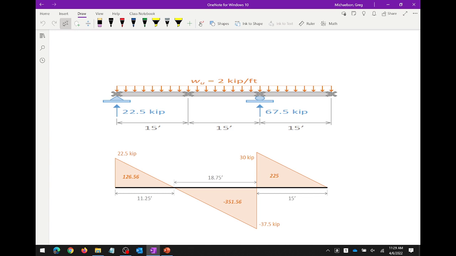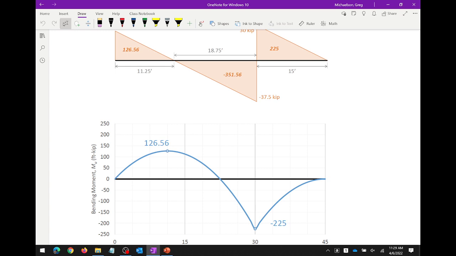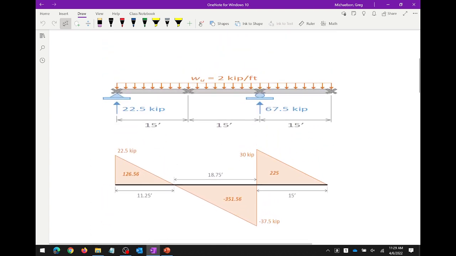We have to account for them when we compute our CB values, but they don't affect the construction of your moment diagram. And to be clear, this is the same parabola, right? Just because there's a maximum here does not mean this is not the same parabola.